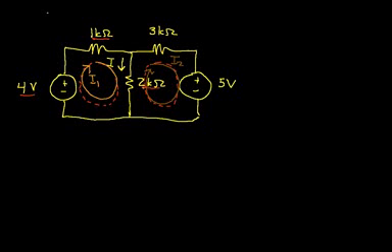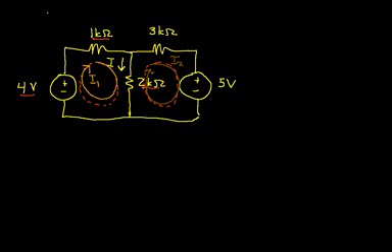Now, it's helpful to be consistent here and either assign all of your mesh currents to be clockwise or all of them to be counterclockwise. You can assign the mesh currents to go, one clockwise and one counterclockwise, but it makes things a little bit more complicated.